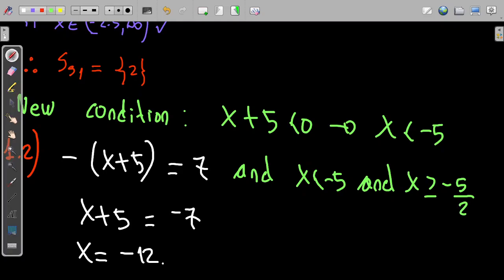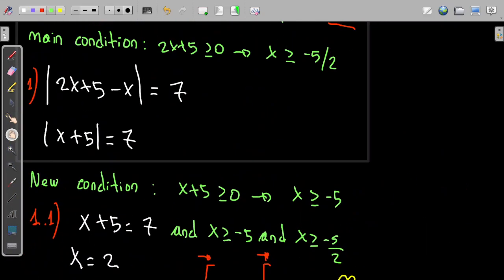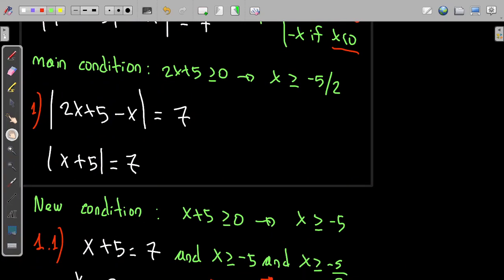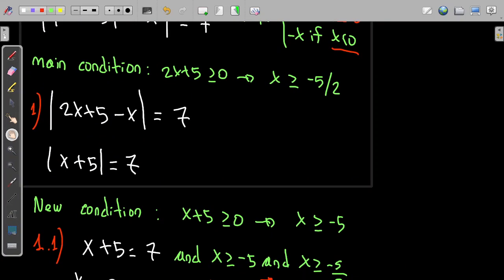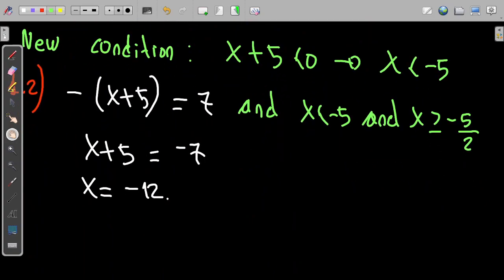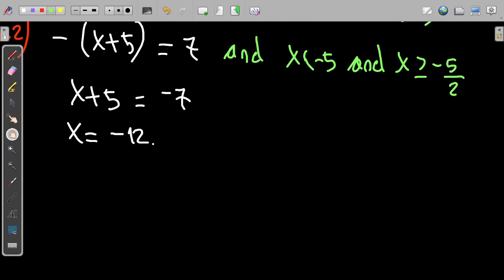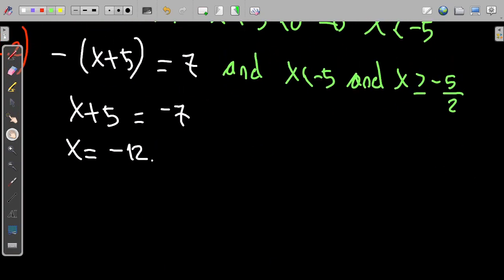Remember, the main condition of the equation number 1 is this one. Now we need to know if this makes sense or not. Again, we can draw a line and visualize the range. Here we have the negative 5 and here the negative 2.5.